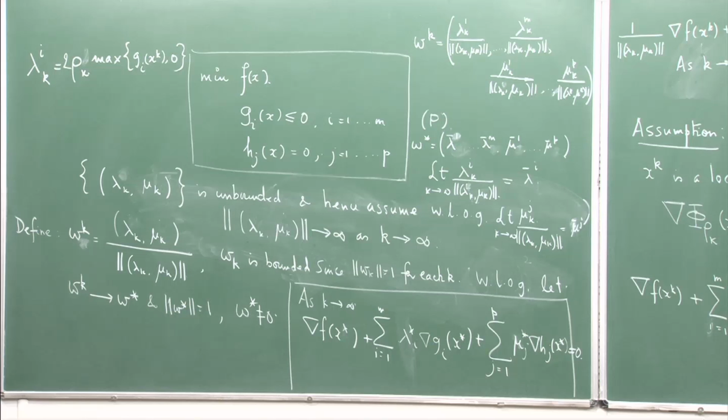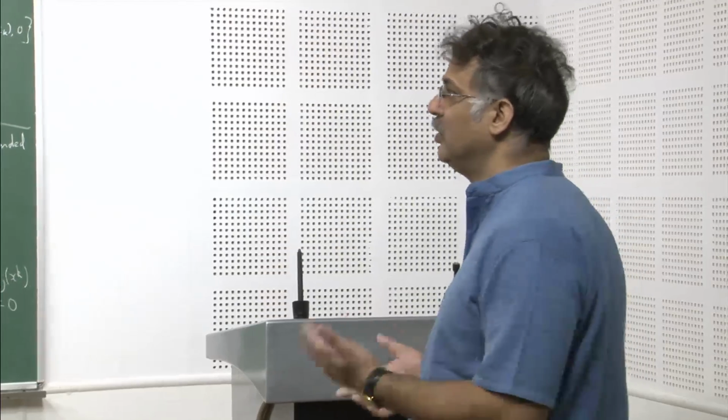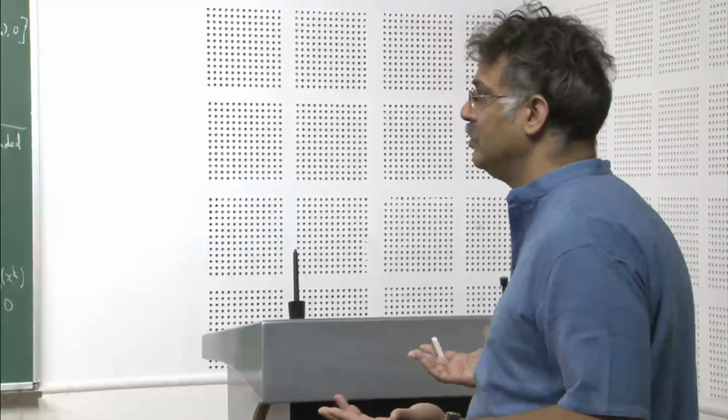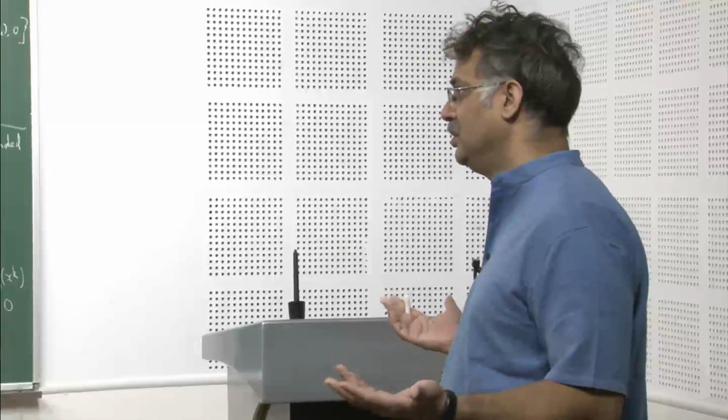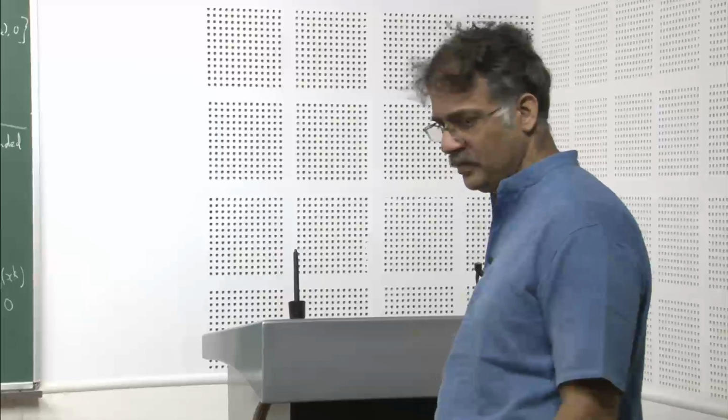So that sequence is also unbounded, because if the sequence has to be bounded, then all the subsequences have to be bounded by the same bound. There cannot be any subsequence which is unbounded. If there is one subsequence which is unbounded, it means the sequence is not bounded.